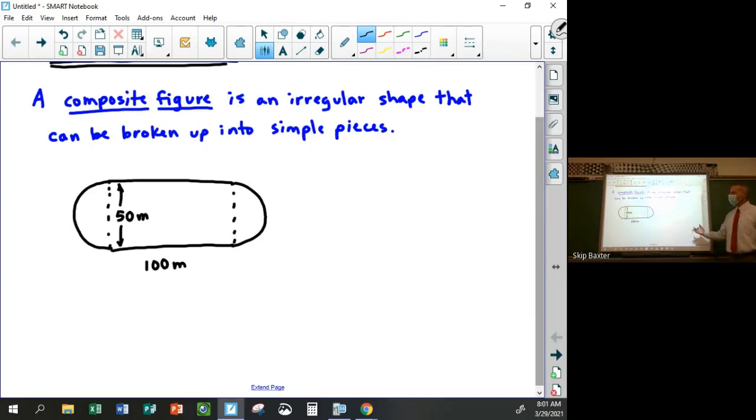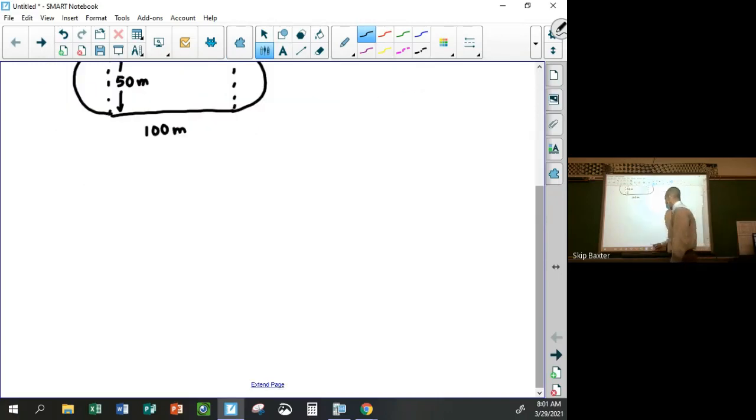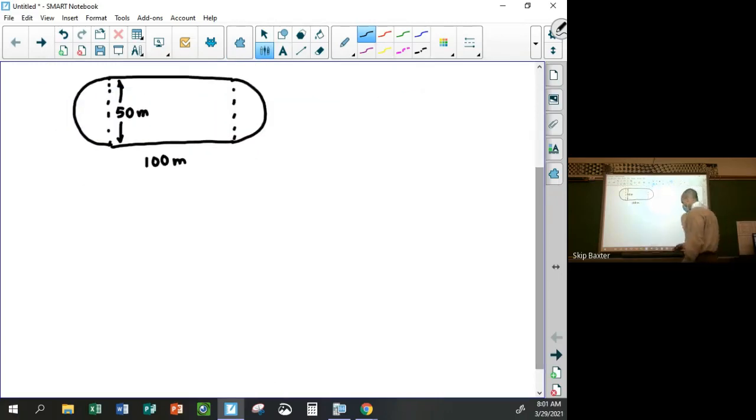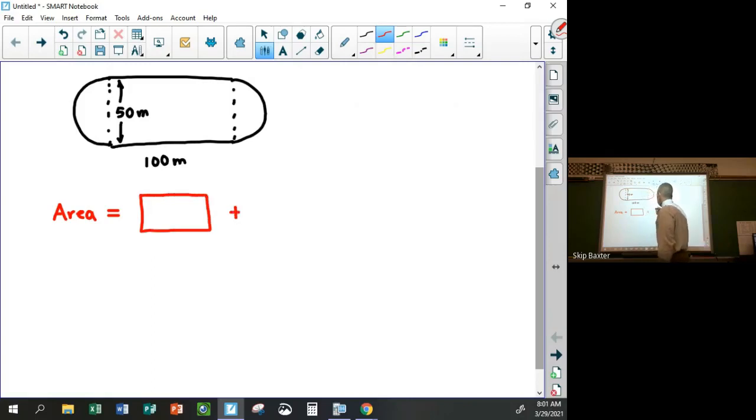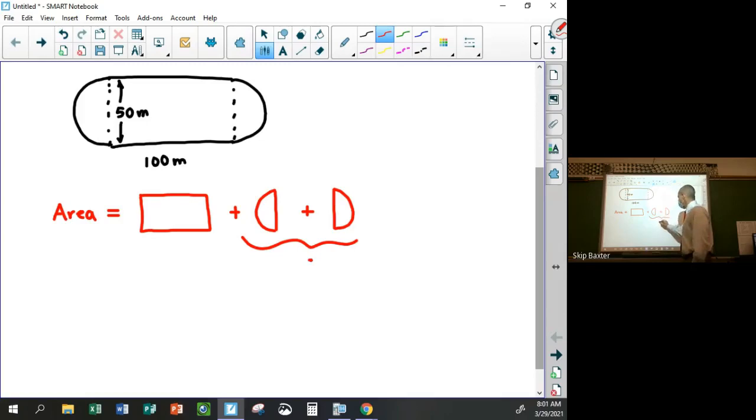Well, even though this is an irregular shape, you can think of it in terms of simple pieces, right? If you really think about this, we can calculate its area by just calculating the area of a rectangle plus the area of a semicircle plus the area of another semicircle, which if you combine the two semicircles, it's really just a circle, right?